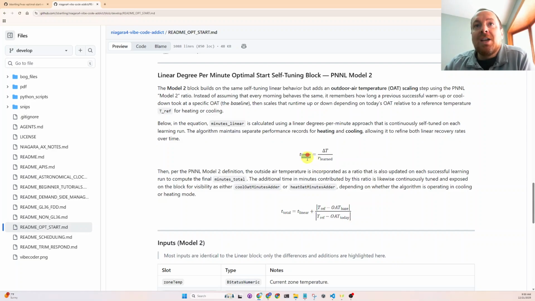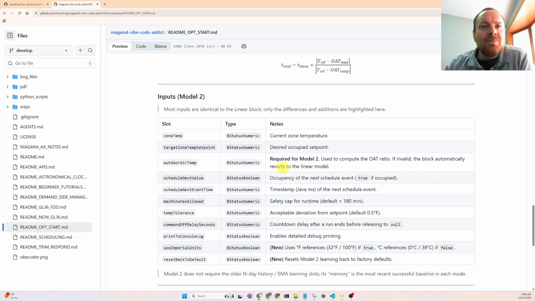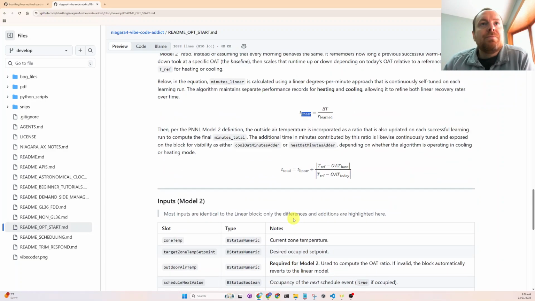And then we just add that to our degree per minute total minutes. I'm also testing this out in the field. I made some pretty significant updates to my Vibe Coder repo in the Java versions, which I'm testing out. So maybe in the future we can look at that a little bit.